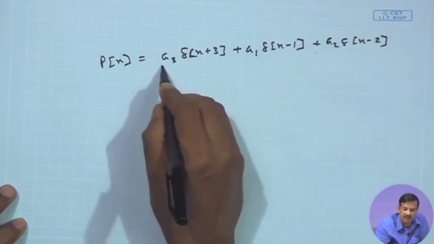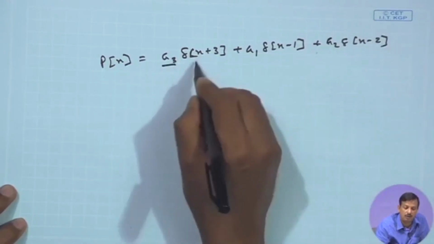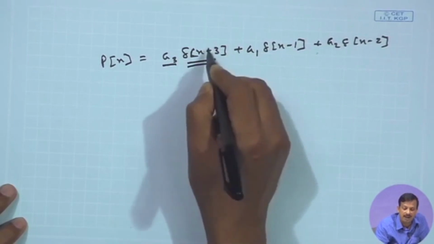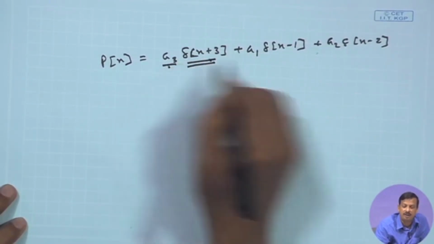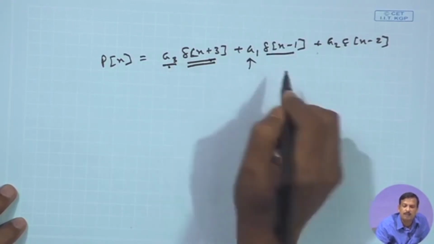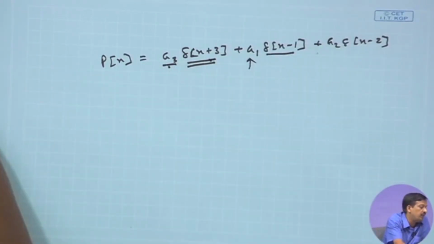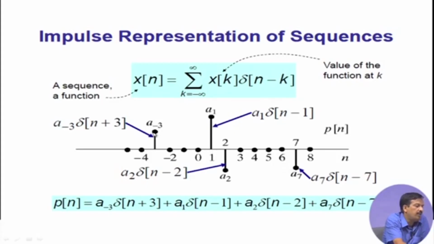So, a 3, a 1 are the coefficients and those are the delta positions. At that position the sample has amplitude a 3, at that position the signal has amplitude a 1. So, it can be represented this way, because it is plus 3. So, at minus 3 there will be a sample whose amplitude is a 3, and at the first sample position 1, 2, like that way it is represented. So, this is the impulse representation of a sequence.